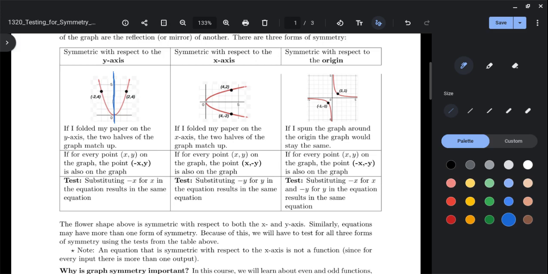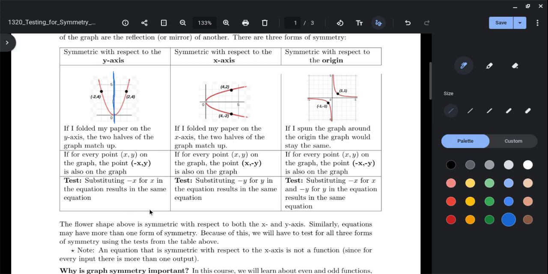Another way to say this is that if there's a point (x, y) on my graph and it's symmetric with respect to the y-axis, then my graph also has the point (-x, y), which we see is true for this parabola. We have (2, 4), so we also have the point (-2, 4).